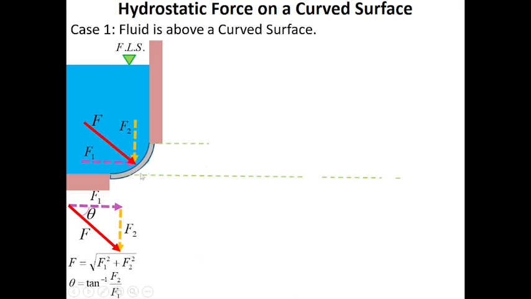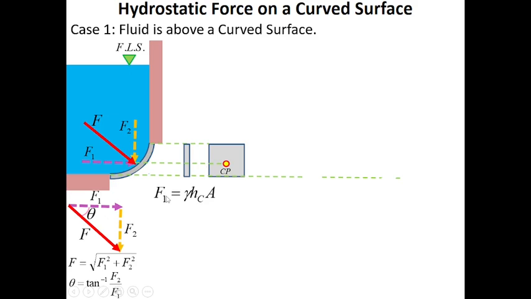So let's now consider the vertical projection of this curve. This is the vertical projection of the curve, and in this case the force F1 is acting at the center of pressure of this vertical projection. It's similar to my previous discussion.